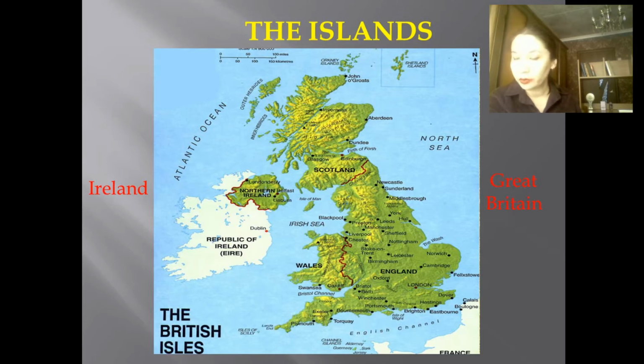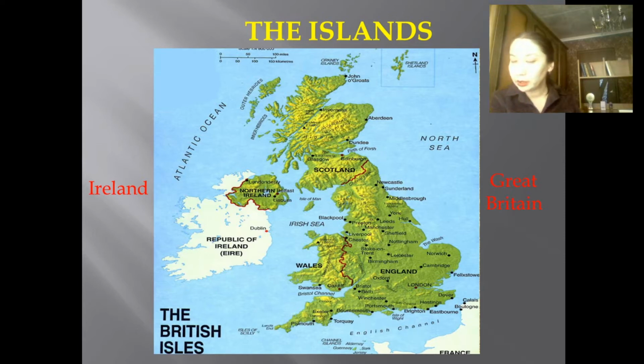The total area of the British Isles is about 322,000 square kilometers. But the largest part of the island of Ireland is occupied by the independent Republic of Ireland, with Dublin as a capital.